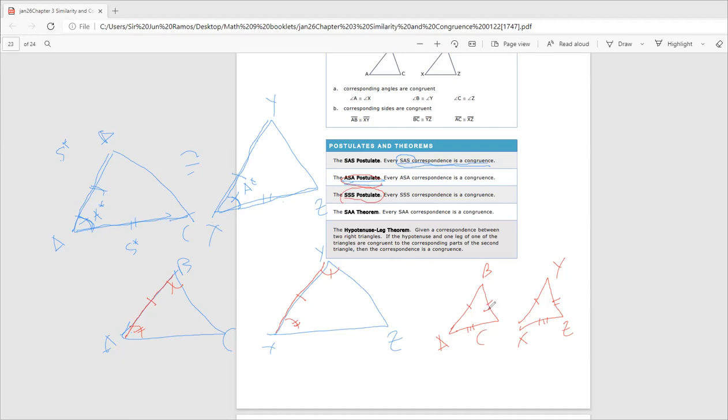Look at the markings that I'm making. This one is one tick mark. This is another tick mark. So this side is congruent to that side. This one here corresponds to that. So these sides must be congruent. And so on. This one is congruent to that side. Okay. So these are the congruence postulates, SAS, ASA, and SSS.